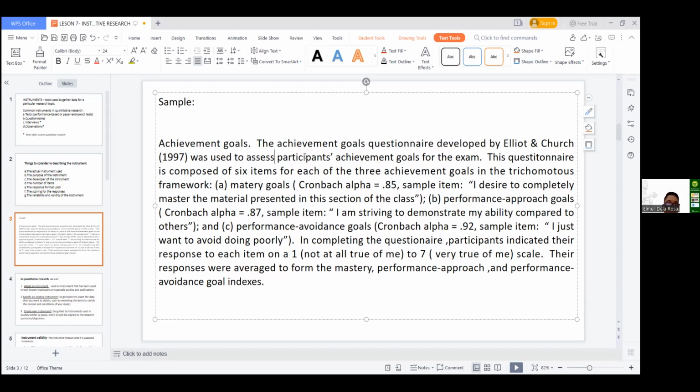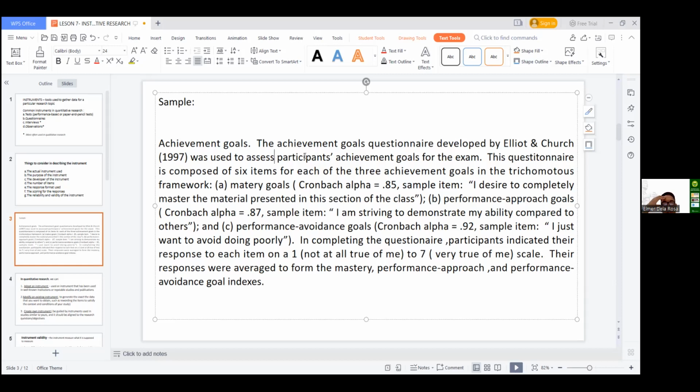The responses were averaged to form the mastery, performance approach, and performance avoidance goal indices. So that's how we describe the instrument in our research proposal. And that's also how we describe it when we have the final paper for defense and for publication.